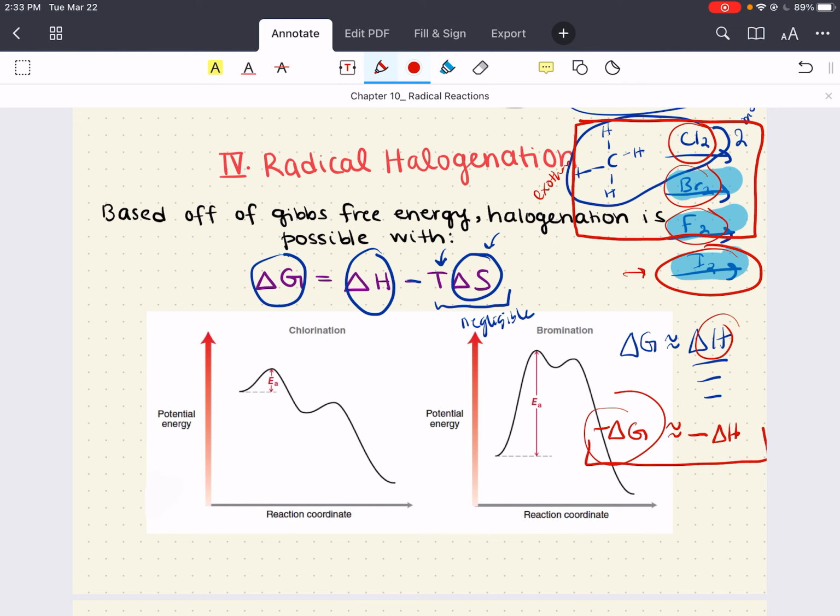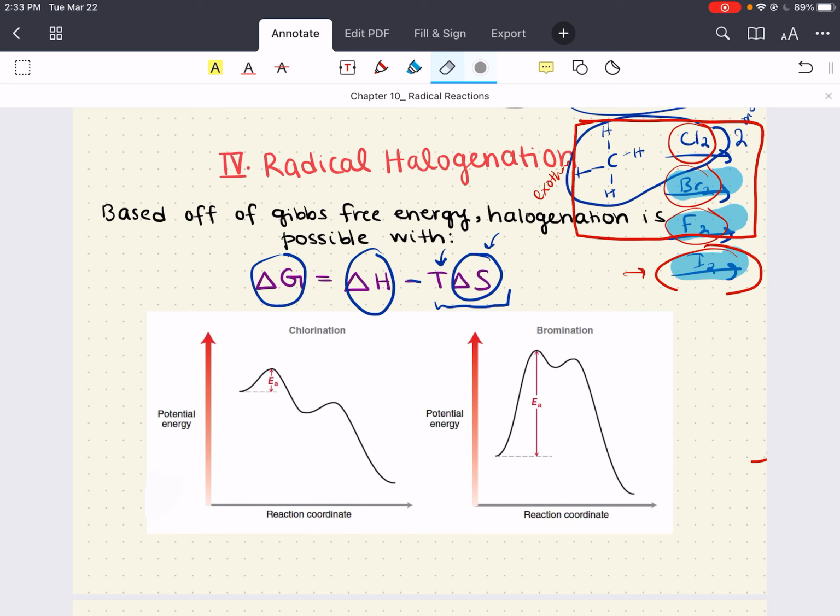Now, we observe the energy diagram for chlorination and bromination. Here, I'm going to erase some of this stuff so we can take a good look at this diagram. What we're observing is the energy diagrams for bromination and chlorination for the propagation steps.